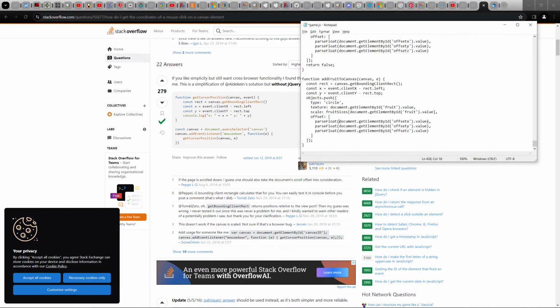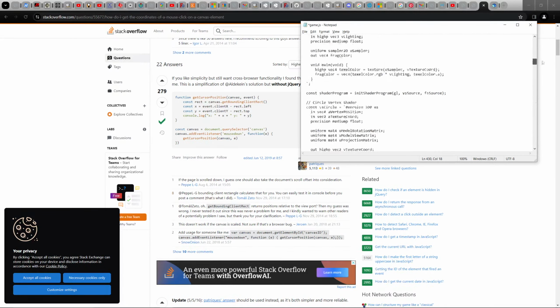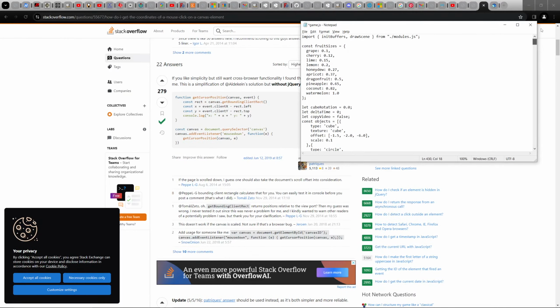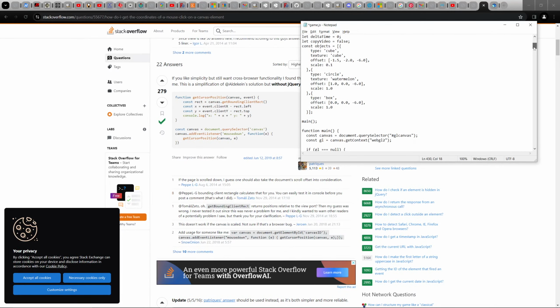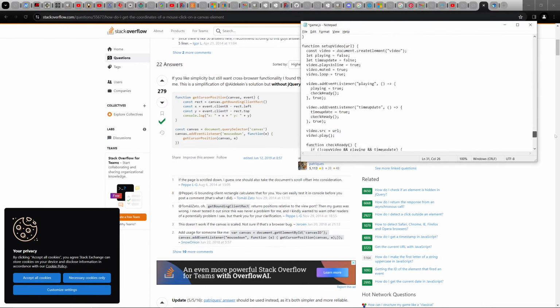So I'm gonna just do X, Y, and then for the Z, that's how far it's coming out of the screen. I want to see what I'm doing for the box. So minus 6.0. So that's what I want to do, minus 6.0.